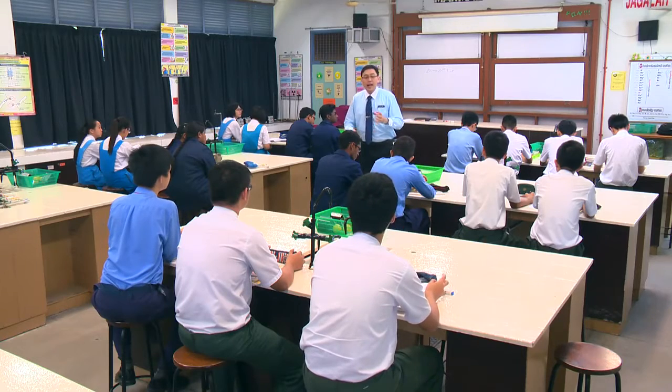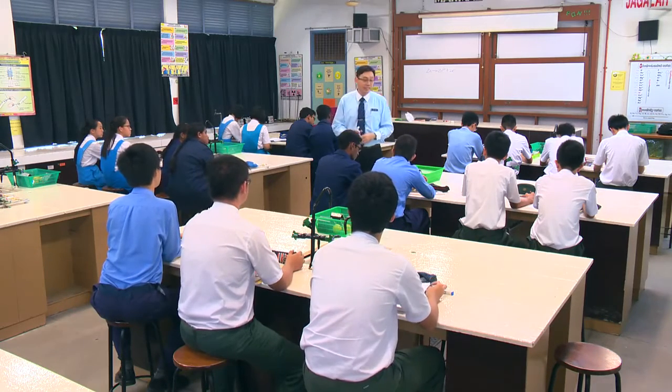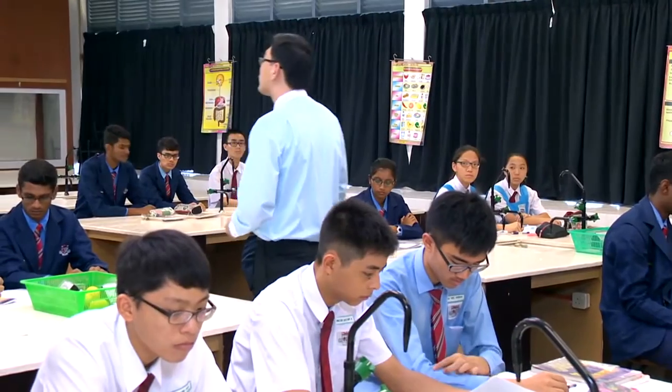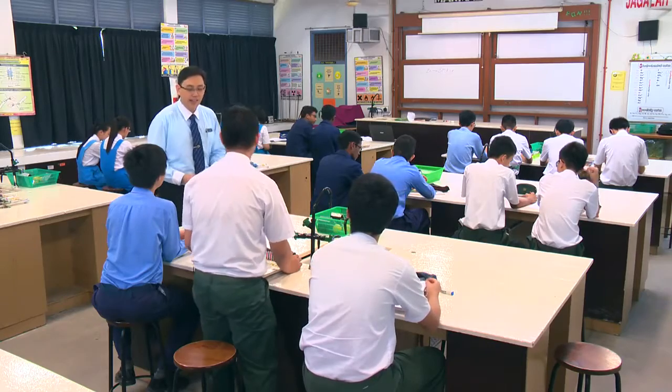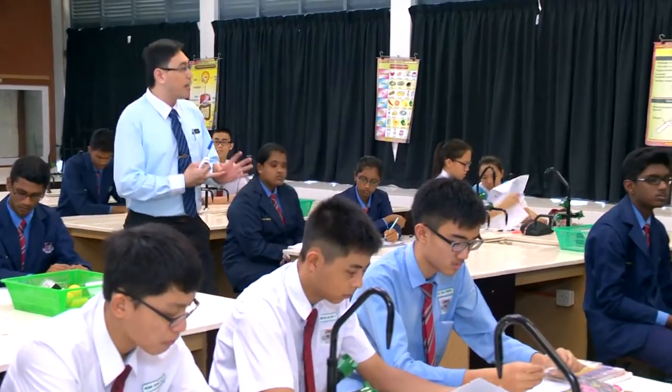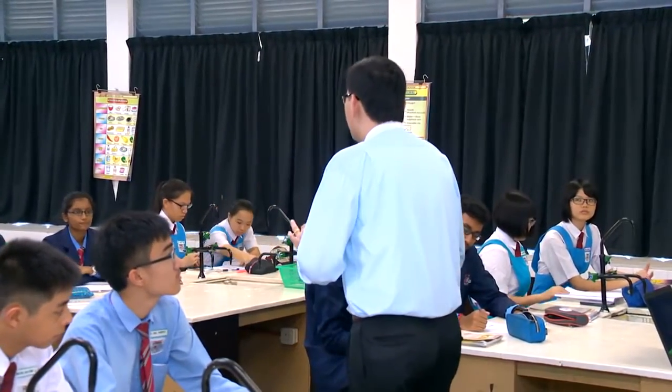Now we want to know what are the cations present inside the lead nitrate solution. Hong Wei? The Pb2+ ion and the H+ ion. Correct, thank you. So the lead-2 ion and the hydrogen ion.